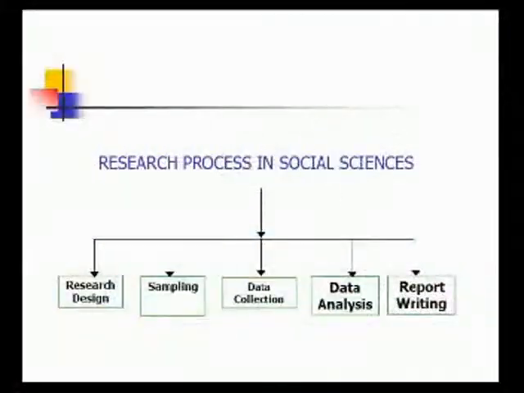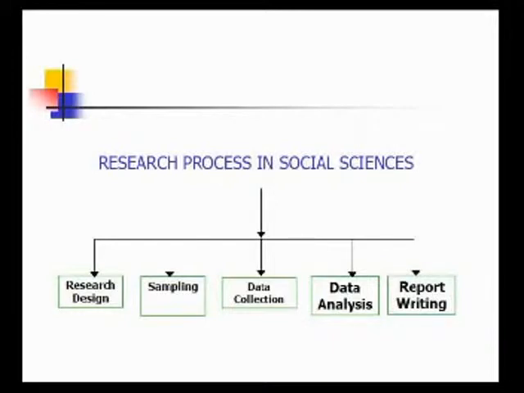Then the last one is that social sciences are normally attached with values, a value system. Whereas in science, the research is purely scientific, there are no morals or values attached. So these are some of the differences with which we have to approach the social science researchers. Without knowing these differences, one cannot blindly apply the research methods and techniques which are applicable to the pure science subjects. So that is what we are going to discuss in this class, the research process in social science subjects.